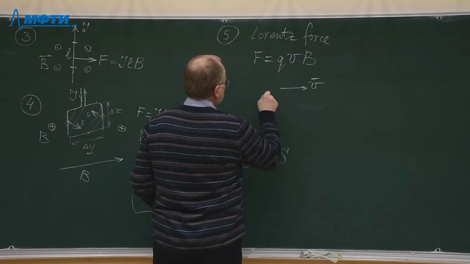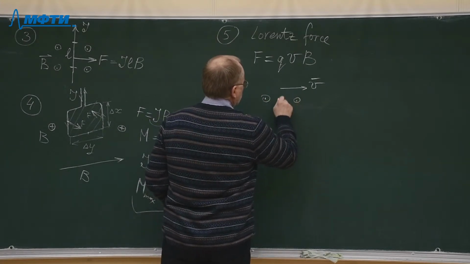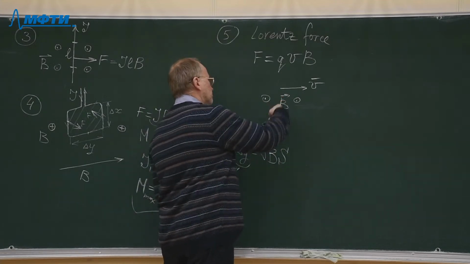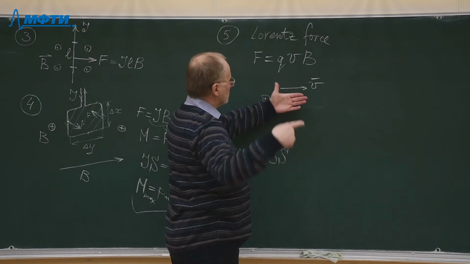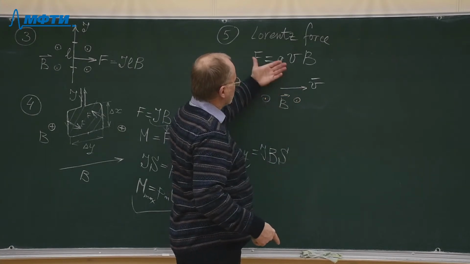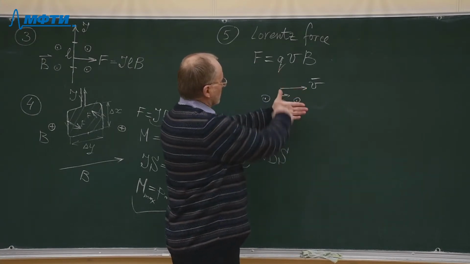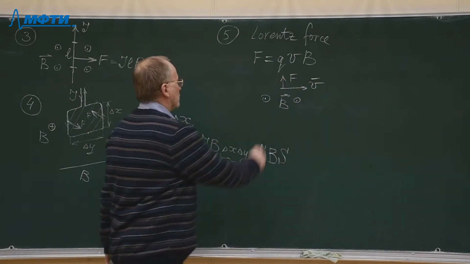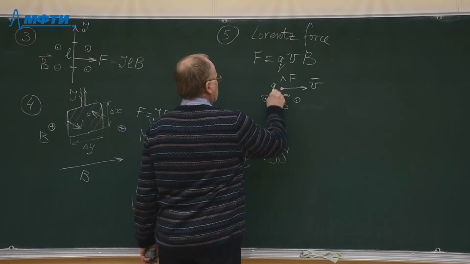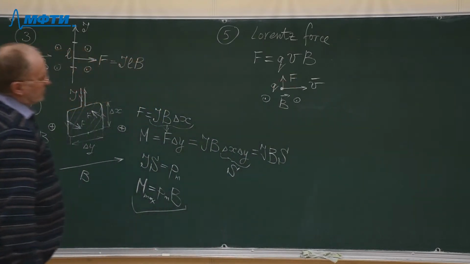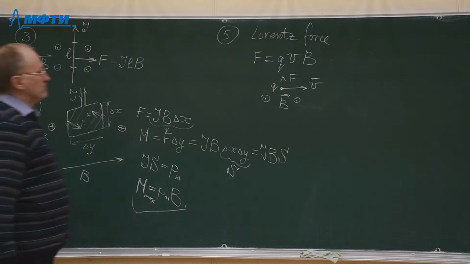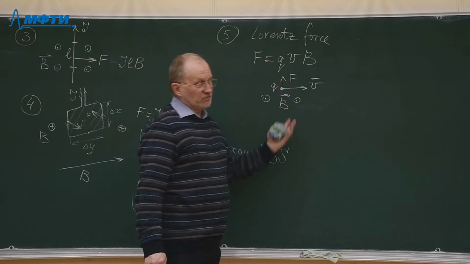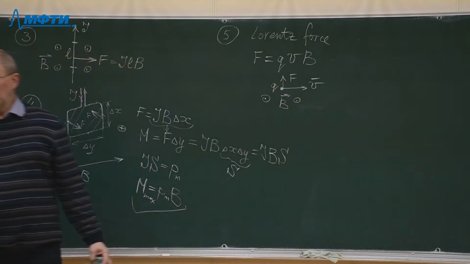The magnetic field, perpendicular to the blackboard and going into it, must enter the palm of your left hand, and the thumb will show the direction of this Lorentz force acting on a charged particle having the charge q and moving with velocity v. So this is the magnitude of this force, and the direction of the force can be found using the left-hand rule.